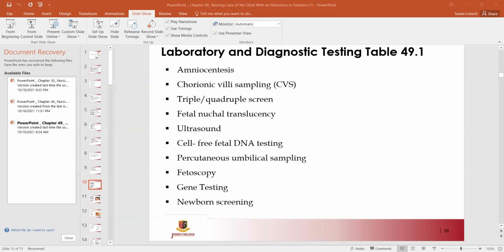If the results of the triple screening test and the ultrasound are abnormal, an amniotic fluid evaluation may be necessary to determine whether there's a fetal abnormality.